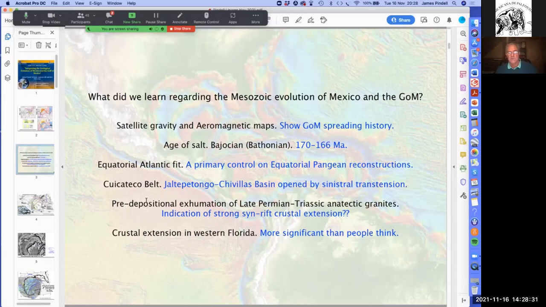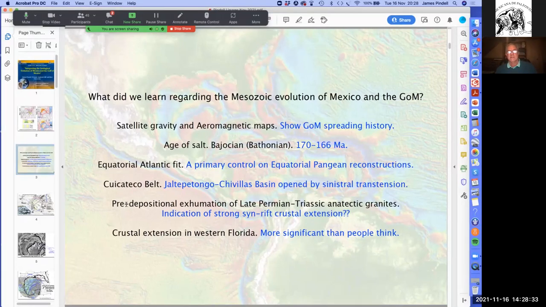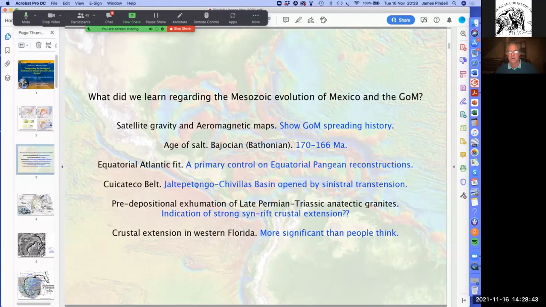And we have also realized that there is a lot of exhumation of very, very deep crust with Permian and Triassic anatectic granites. And the extension involved with this uplift and exhumation was so strong that it made the crust end up only half as thick as it had been.